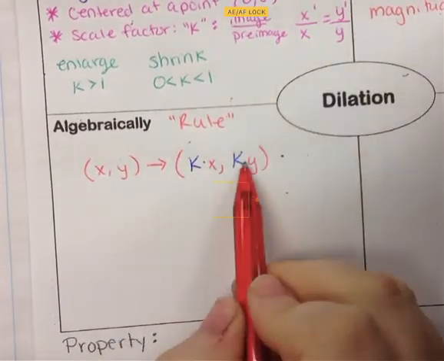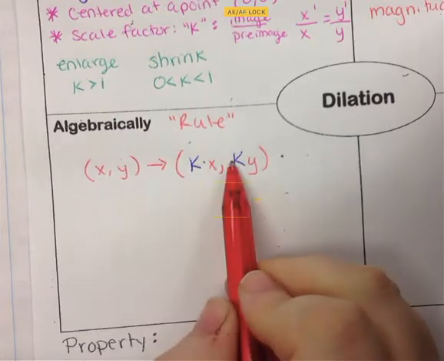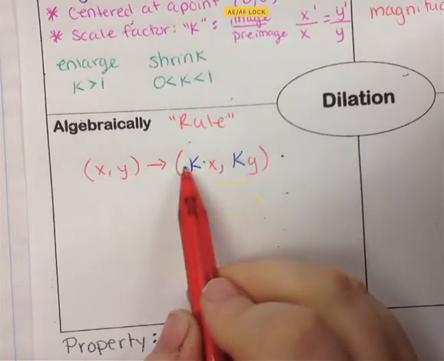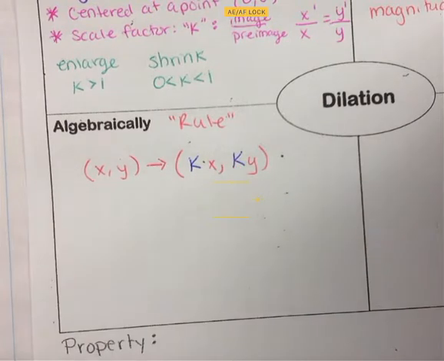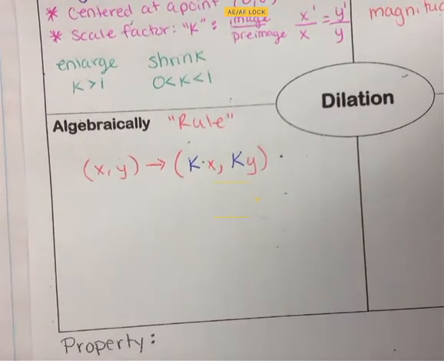Now, again, just like with translations, this blue k actually needs to turn into a number. So if you just put kx, that is not correct. You actually have to put the actual value on a problem.